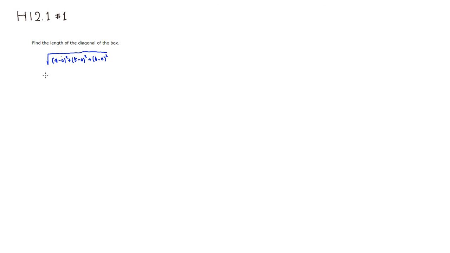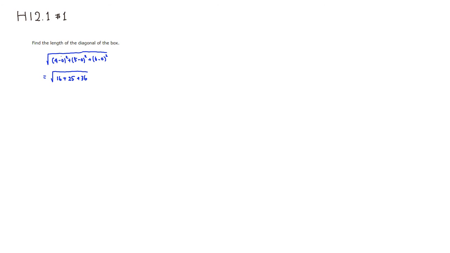So this is going to be the square root of 4 squared, which is 16, and 5 squared is 25, and 6 squared is 36.